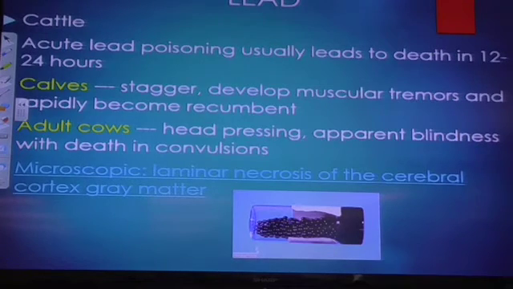With calves, you see muscle tremors, staggers, and then with adult cows, you see head pressing and blindness. So it's important to know that these CNS signs may be non-specific, but for young animals, we see one clinical presentation, while with the adult animals, we see something a little different.